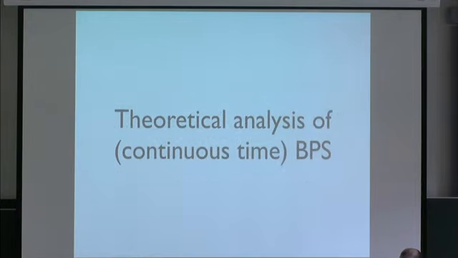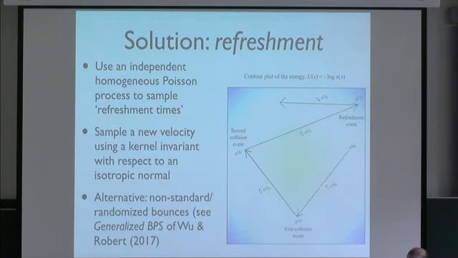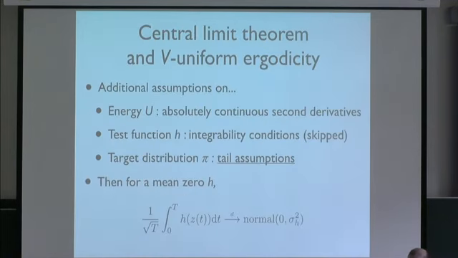I think I won't have time to go into that bit. Very roughly, we already had some results showing the law of large numbers for the BPS. We wanted to look at under what conditions we would have a central limit theorem, via uniform ergodicity.